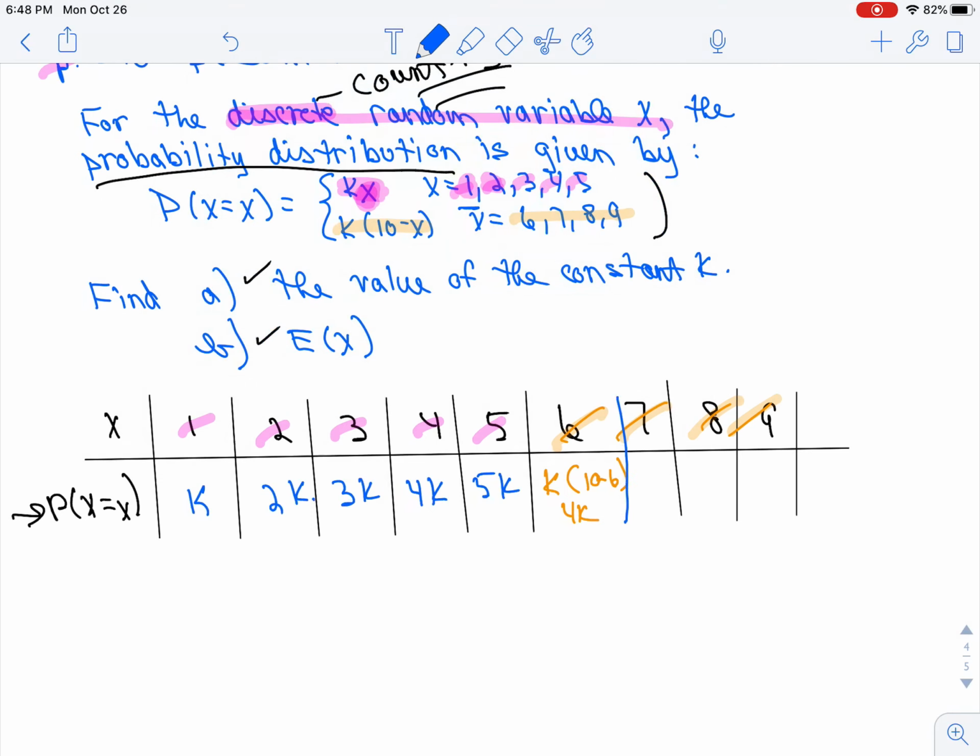Then the next one, we're going to have k times 10 minus 7. So that's going to be 3k. Next one's going to be k times 10 minus 8. So that's going to be 2k. And then the last one is going to be k times 10 minus 9, which is 1k, or just k.